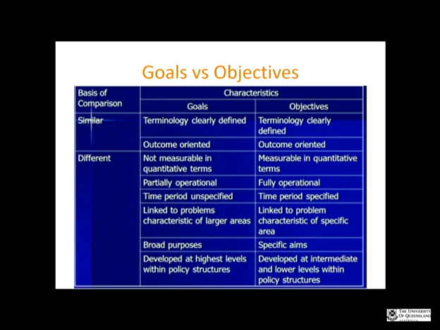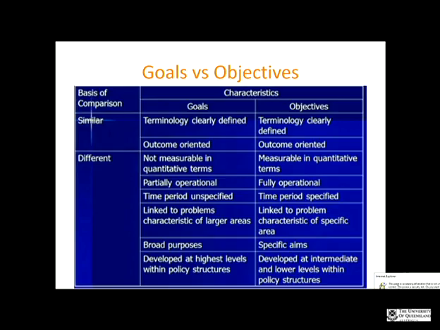The goals are partially operational in that they will guide the more specific operations of an organisation to some extent, but it's the objectives that will very specifically and entirely start to guide the operations.